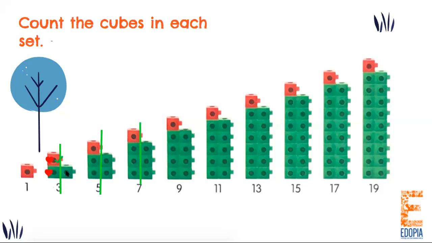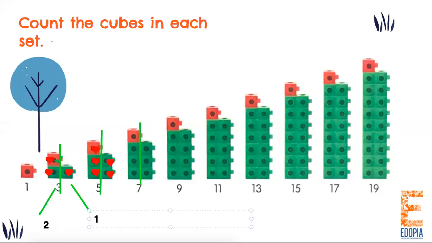1, 2, and 3. No. 1, 2, 3, 4, 5. No. You might remember number bonds, right? All of you remember number bonds. 3 can be split up as 2 and 1. 2 is not equal to 1.